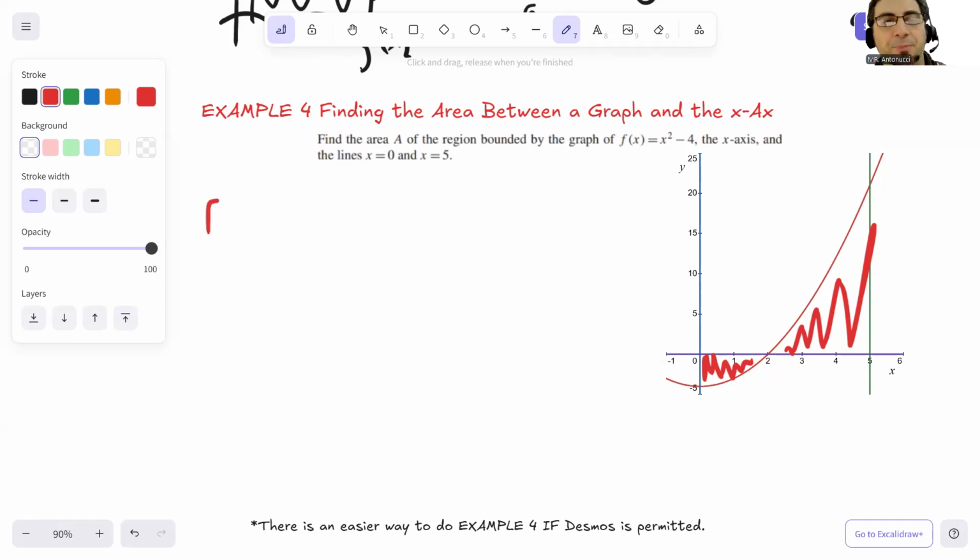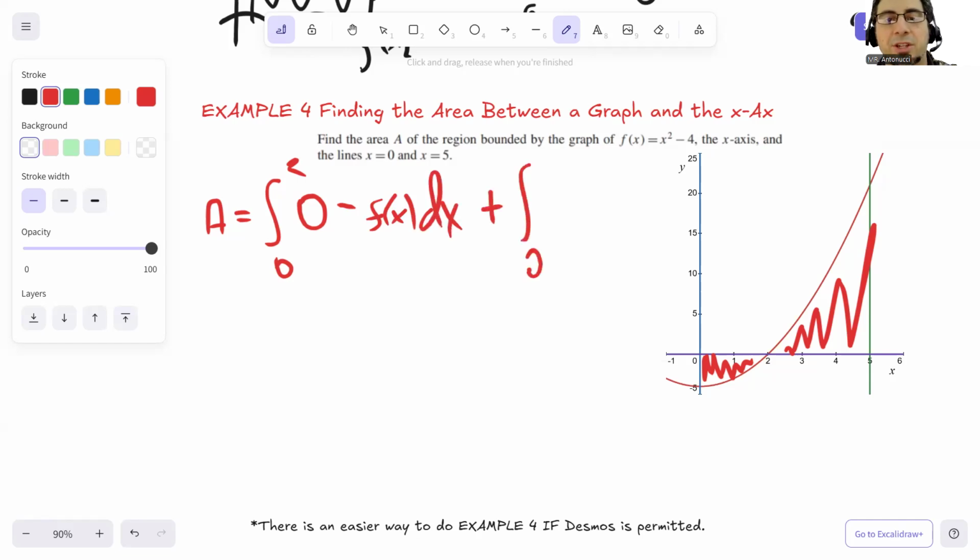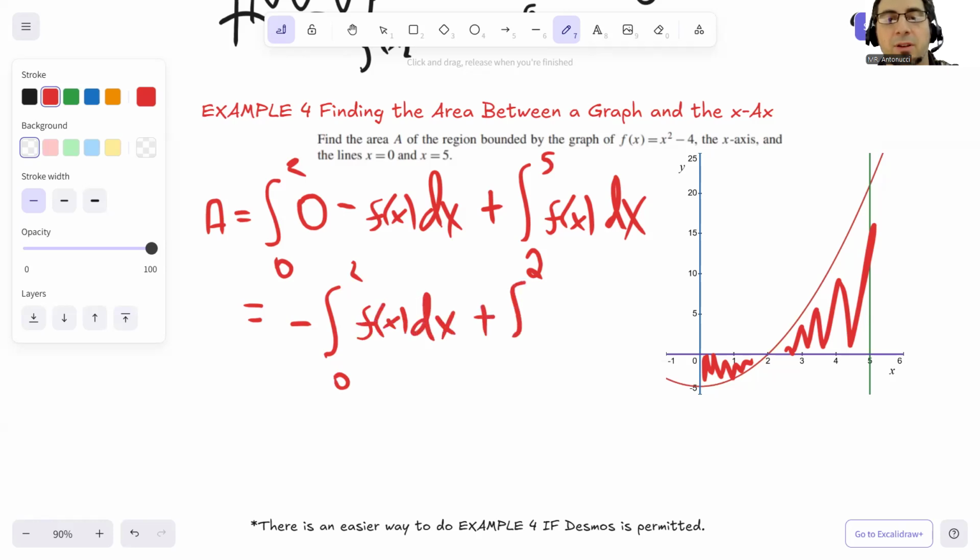So that first part, from 0 to 2, is actually bounded by the x-axis, which is y equals 0, and f of x. And then the next region is 2 to 5 of just f of x. Okay, so this could simplify to negative integral 0 to 2 of f of x dx plus integral from 2 to 5 of f of x dx.